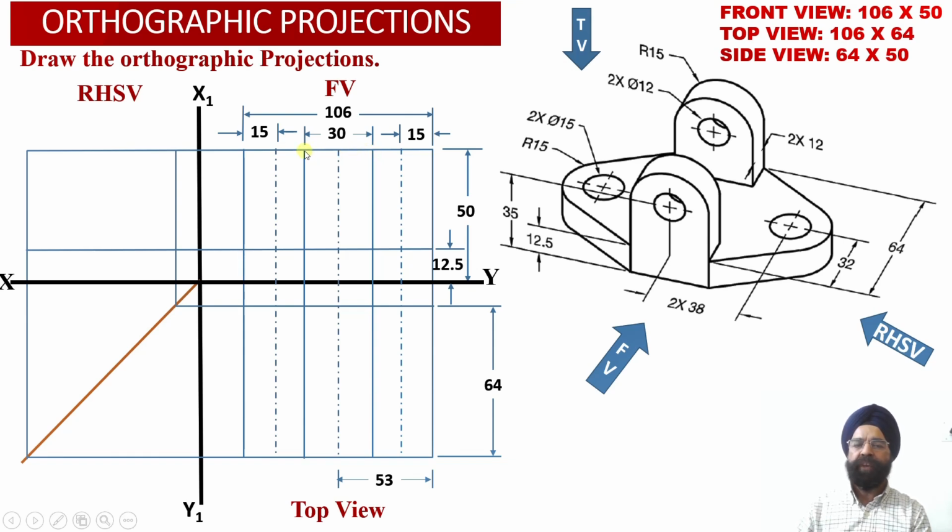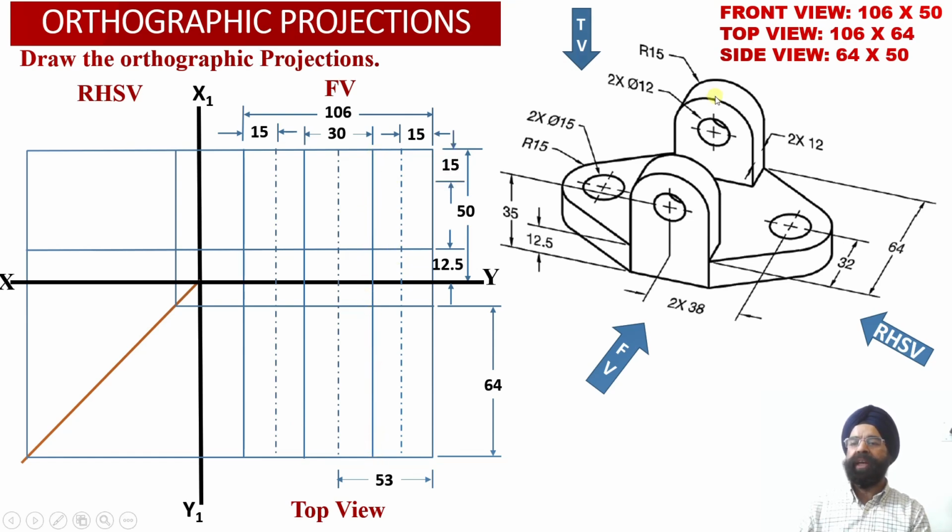So we have marked 2 vertical projector lines separated by a distance of 30 millimeter, which are symmetrically arranged around the center point of the width of the solid, and these 2 projector lines we have extended appropriately into the top view projections over here.